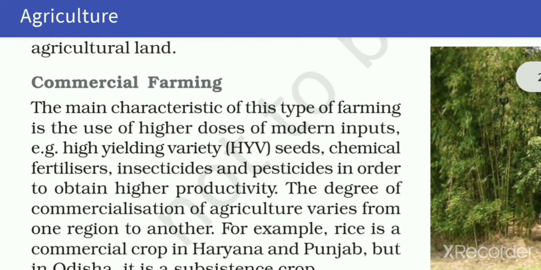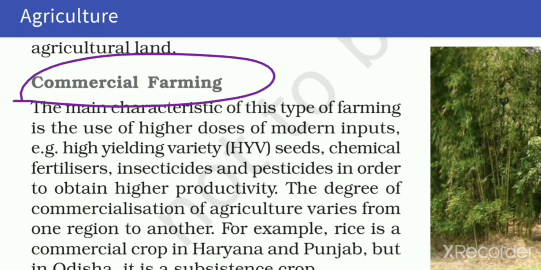The next, or the third type of farming, is commercial farming. Commercial farming is mainly done to get maximum profit, or I can say that commercial farming is a type of farming in which the main intention or purpose of the farmer is to get more and more profit.